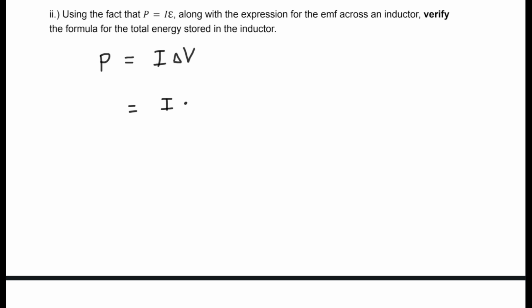And we know that delta V across an inductor is negative L times dI/dt. Multiplying both sides by dt, we get power times a small time change dt is equal to negative L i times a small change in current di.